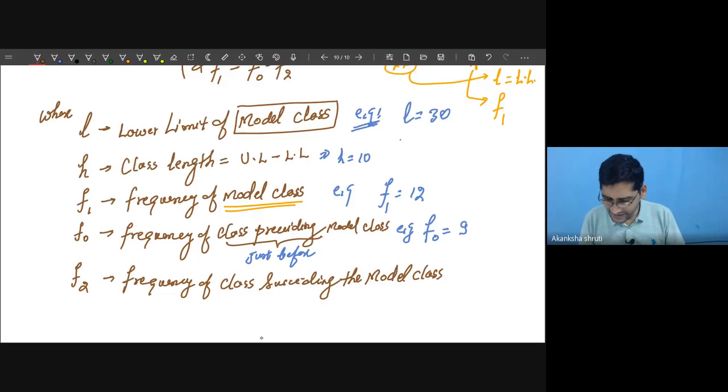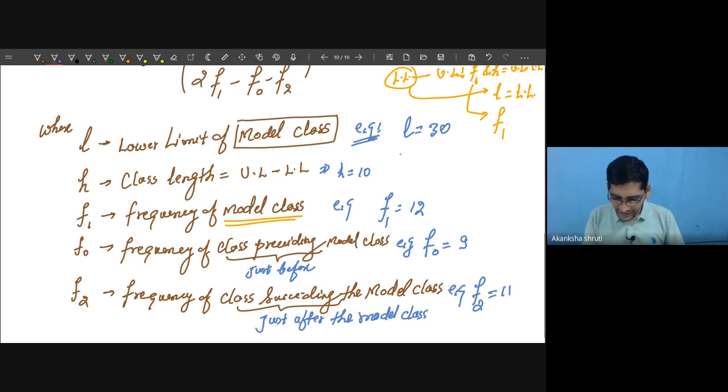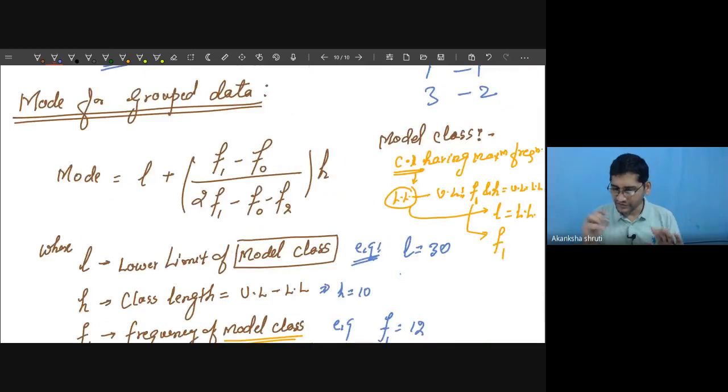Student, this succeeding simply means just after the modal class. Like here, we have observed that F2 is 11. Okay, student? It is this one. So just calculate these values and substitute in this.